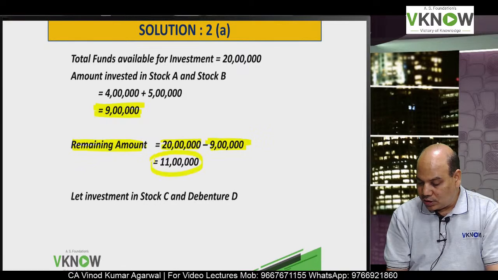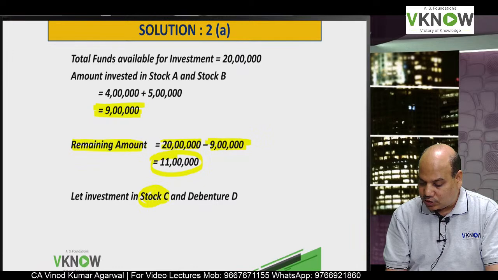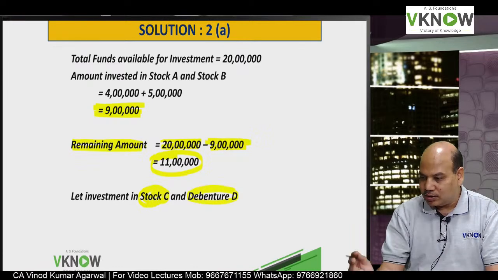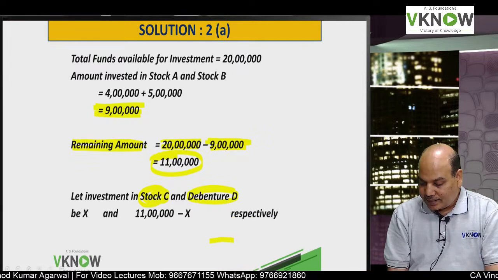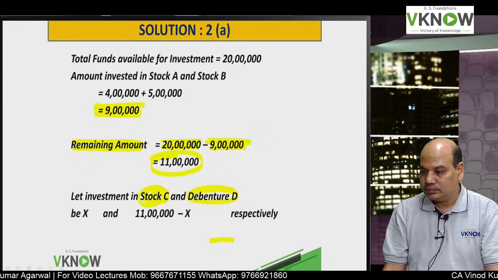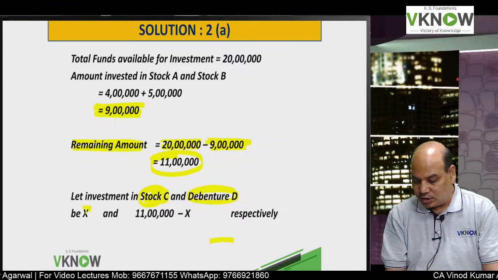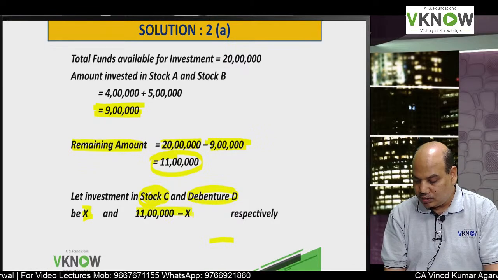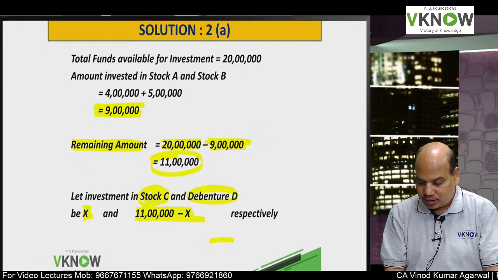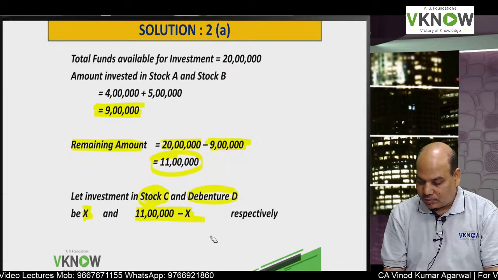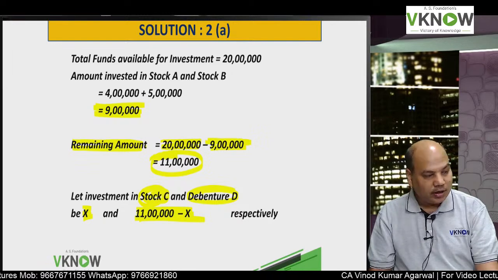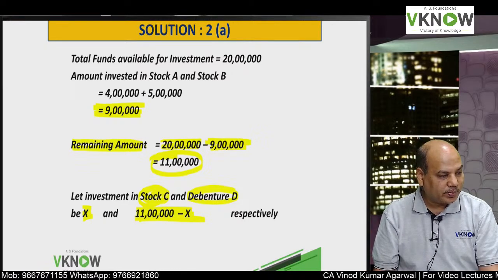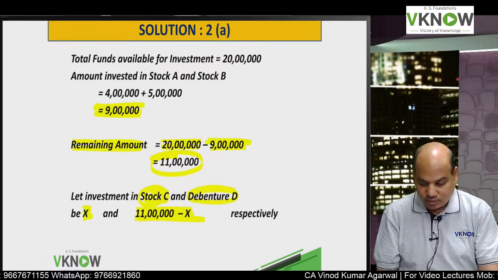So out of this 11 lakh, I have to find out how much will be invested in the stock C and debenture D, right? Let investment in stock C and debenture D be X and 11 lakh minus X respectively.